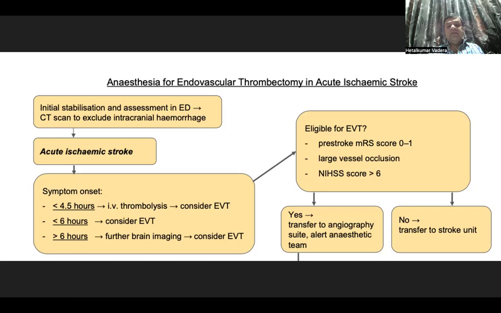It is said that you can go up to 24 hours, but you require some scanning that there are areas of brain which are still viable, still survivable. In such cases, we can go for endovascular treatment. So, a patient is eligible for EVT with a pre-stroke MRS score of 0 to 1. There are various scores, like the NIH stroke score, that should be more than 6.